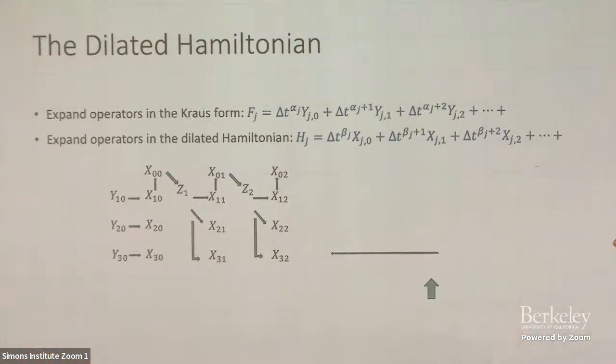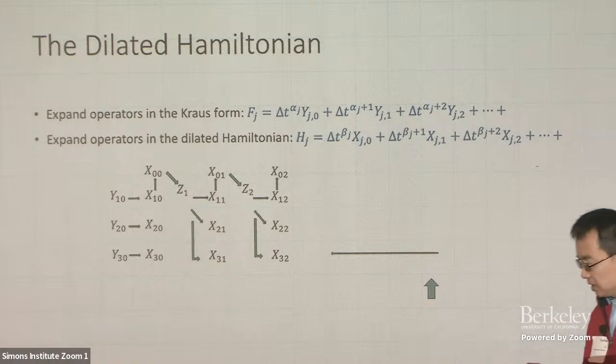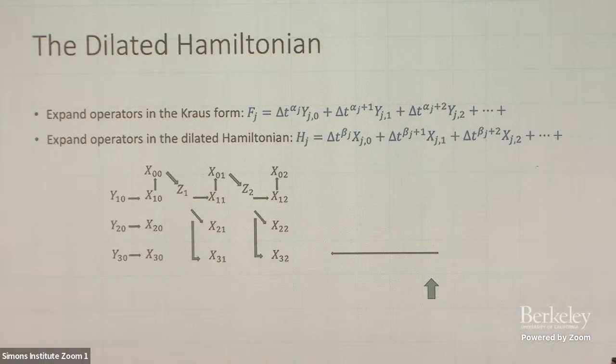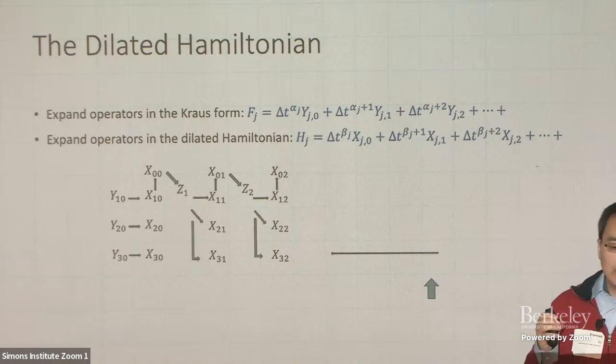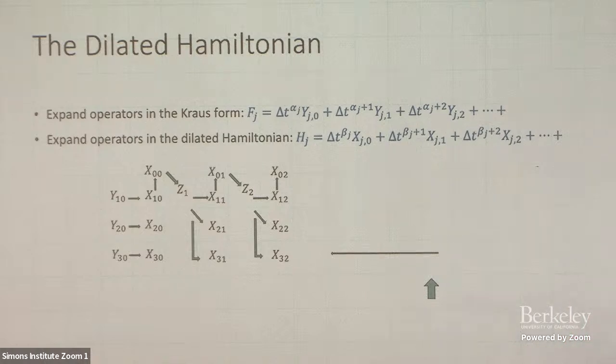Here are the steps. I mentioned before that using the SDE as a starting point and Ito-Taylor expansion, you can derive a Kraus form representation. And the Kraus operators can be expanded in terms of different powers of delta t, right? Because of the tricky time scale in SDEs, the delta t here can be integer valued and can also be half integer valued.